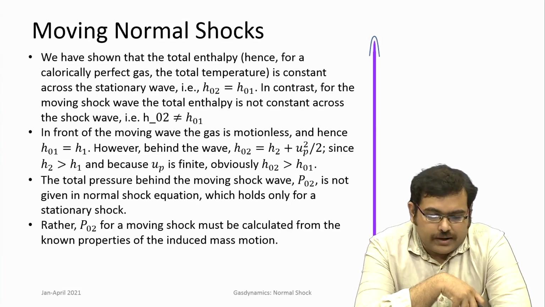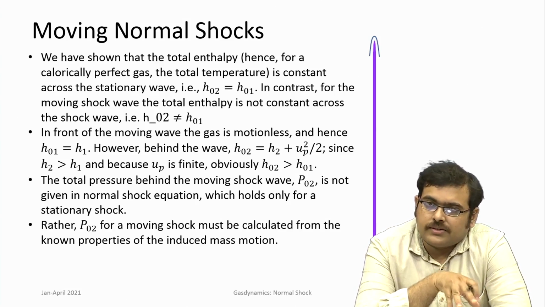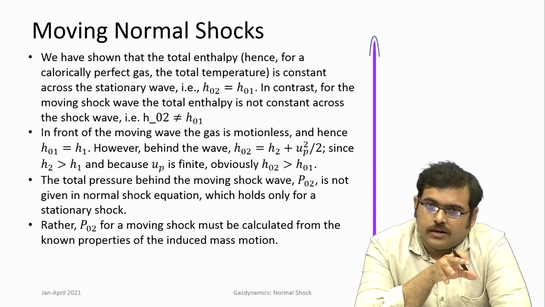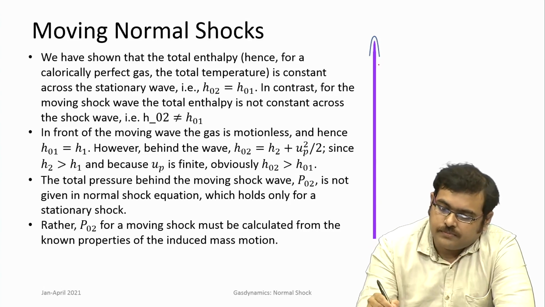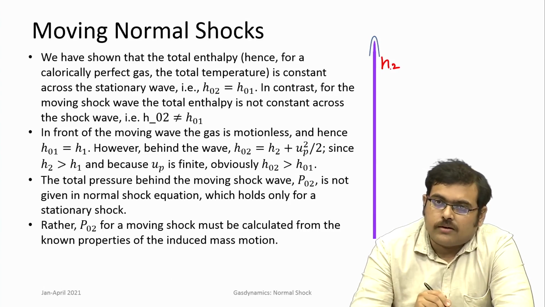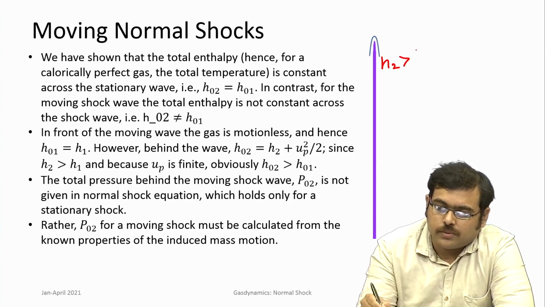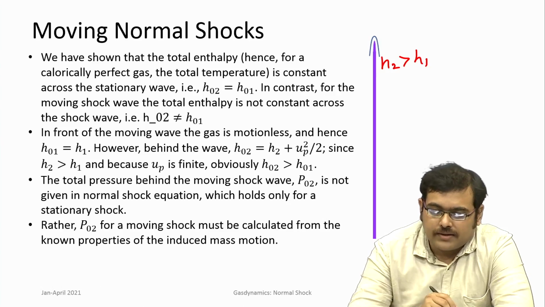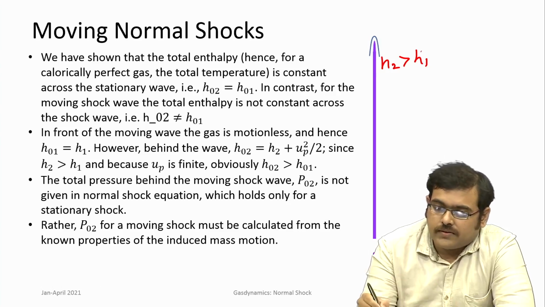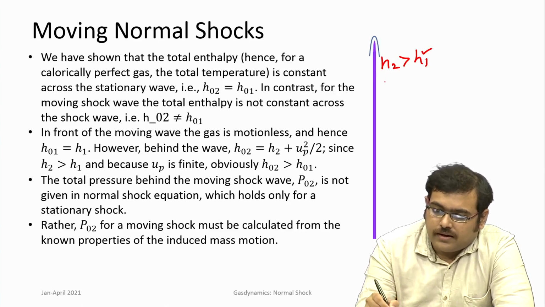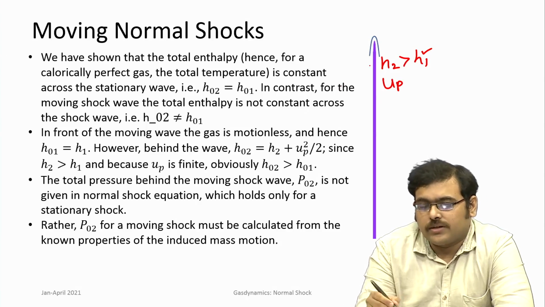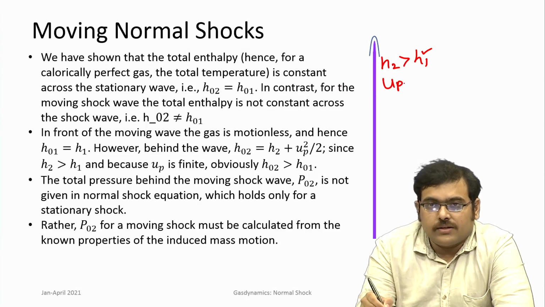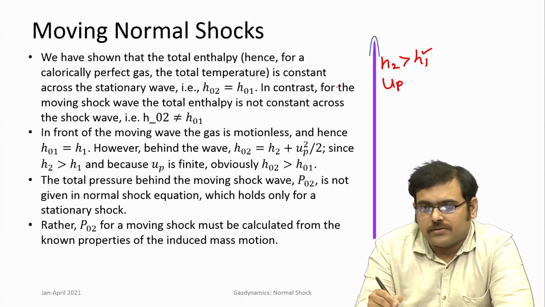So, if you do that, first thing that you notice is that H2, that is the enthalpy behind the moving shock, is greater than H1, is what you would get. This is from the shock analysis itself. Not only this, you also find that Up is induced, there is a gas motion induced after the shock passes through the medium.